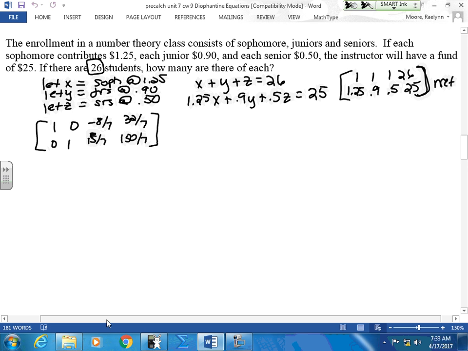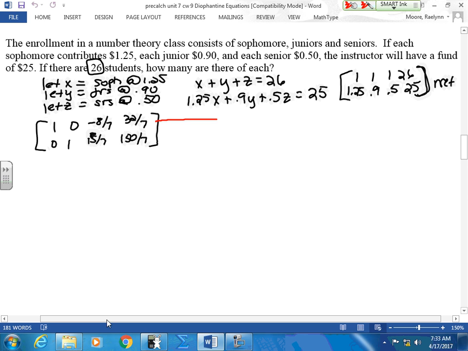That's a 15 over 7 over there. Anybody not get this? Okay. Now, what's the next step? Anybody remember? Make the equations. Good. Very good.